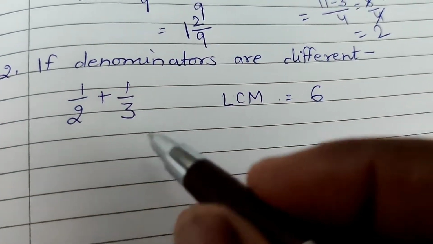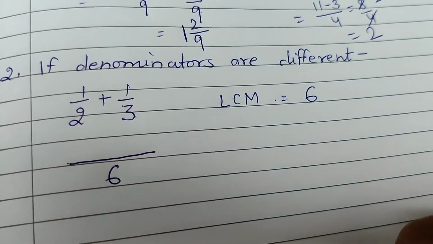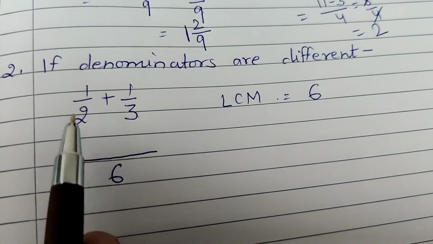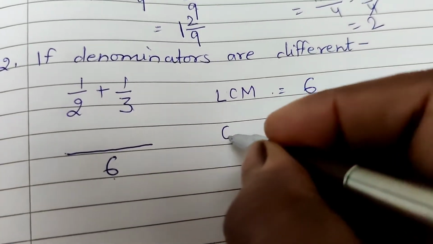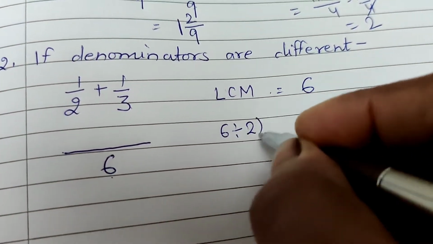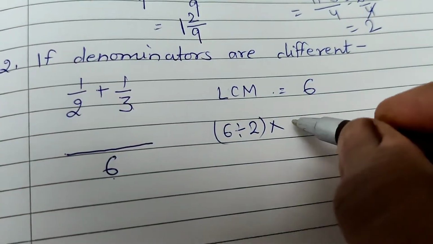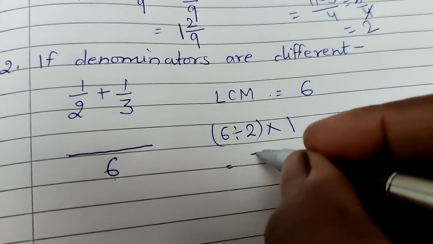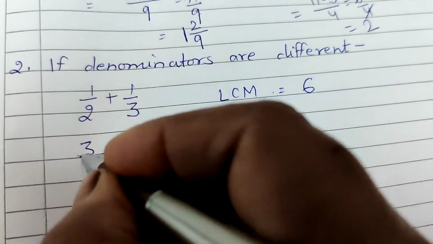Simply 2 into 3, 6. Right here 6. What is the method? The method is 6 divided by 2. First 6 divided by 2, and whatever you get, multiply in the numerator. The numerator is 1. It means 3 into 1, 3. You will get 3 here.